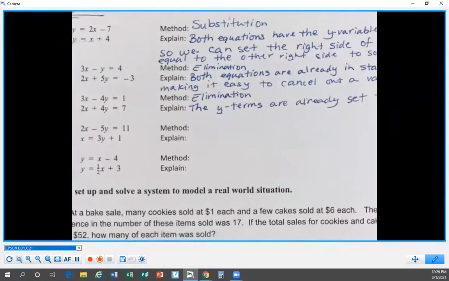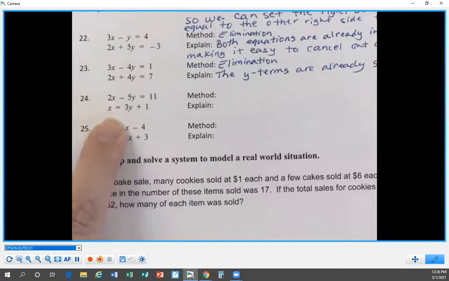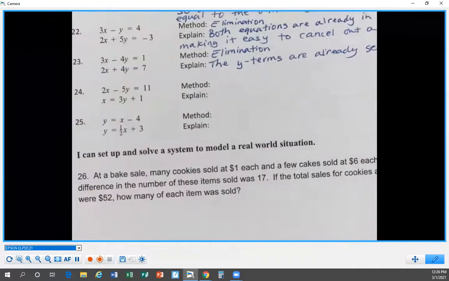Okay, 24, what would be an efficient method here? I see the x is already isolated, and so that would be an easy system to use substitution to solve because the x term is already isolated.